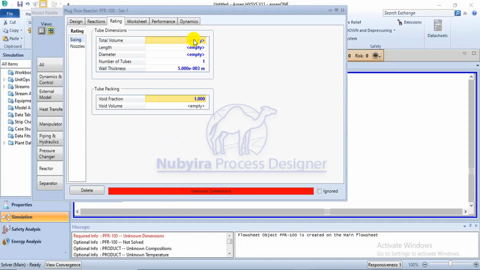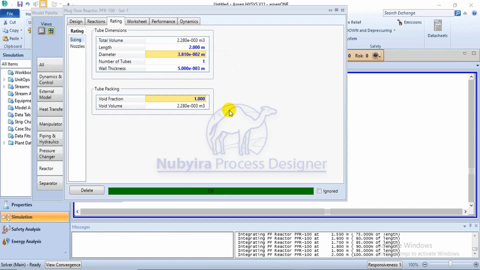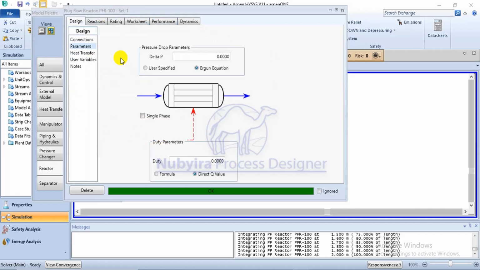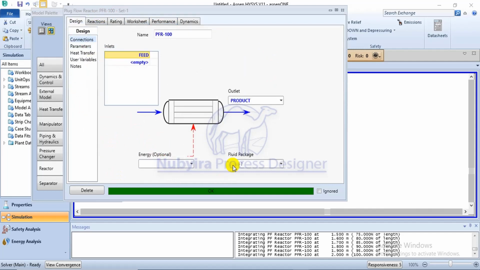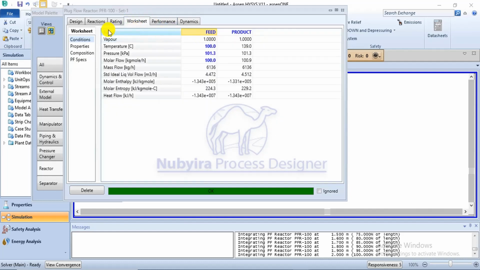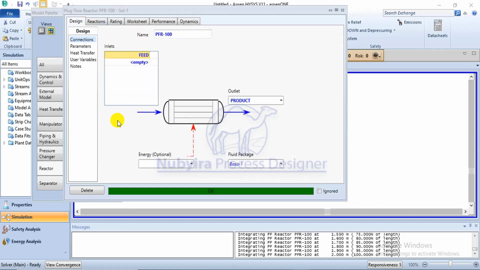So 2 meters, and then 1.5 inch. Yeah, so we are done specifying our reactor. In case your process requires an energy stream, you can add that and specify your outlet temperature, but that's not the case in this particular problem.